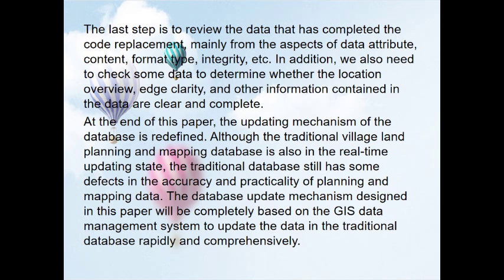At the end of this paper, the updating mechanism of the database is redefined. Although the traditional village land planning and mapping database is also in a real-time updating state, the traditional database still has some defects in accuracy and practicality of planning and mapping data.